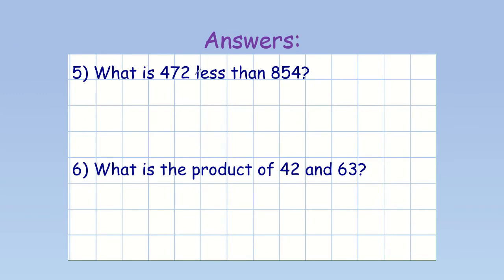So question 5 is asking you for less than. So this means we need to do 854 subtract 472.